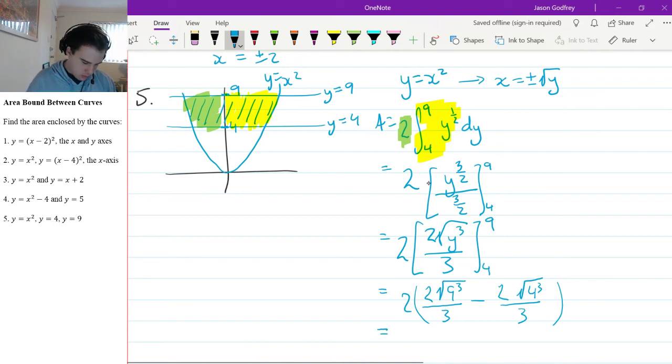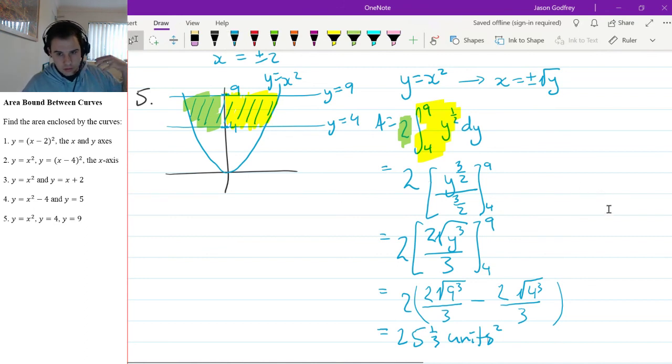So this is 2 times, we've got root 9 is 3, cubed is 27, on 3, minus root 4 is 2, and cubed is 8, on 3, times that all by 2 is 25 1/3 square units.